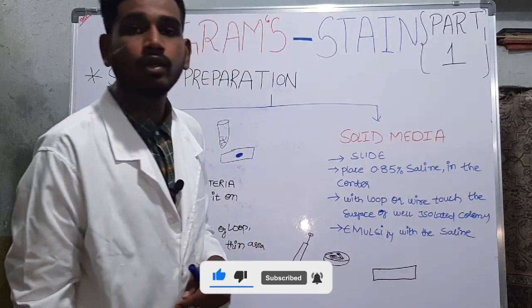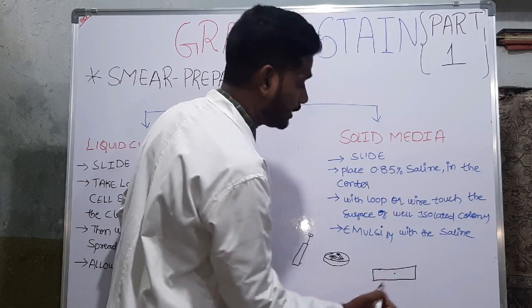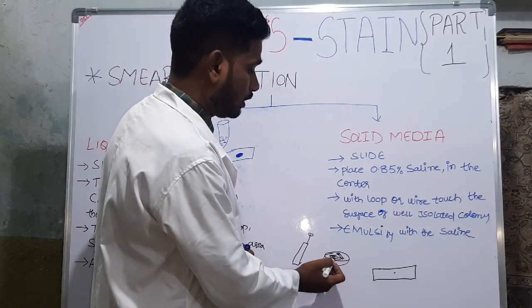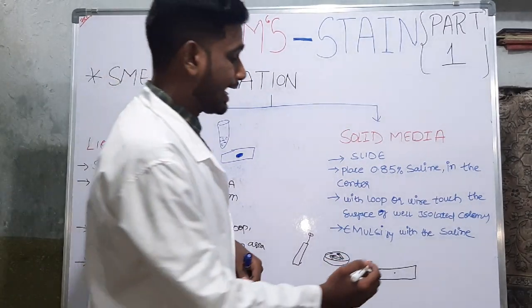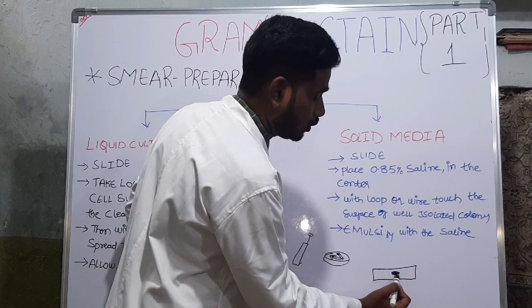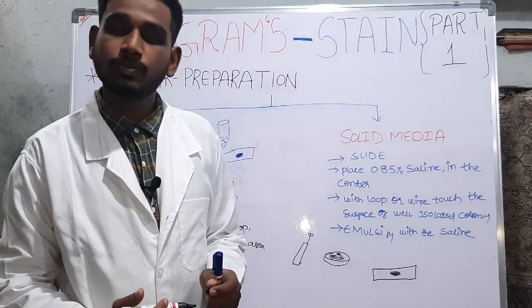On the slide, place a drop of 0.85% saline. To the drop, take that colony from the agar and emulsify it with the normal saline drop, and by doing a circular motion, make a thin smear.